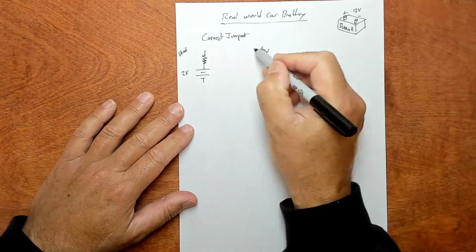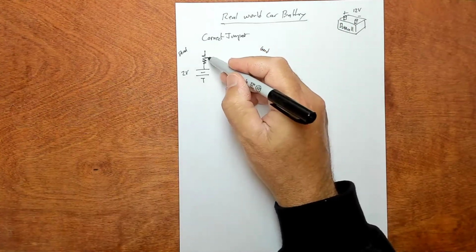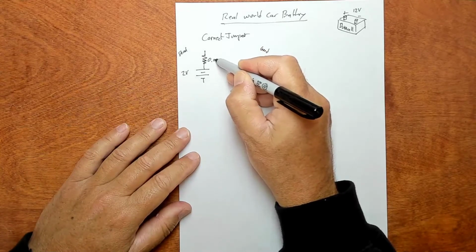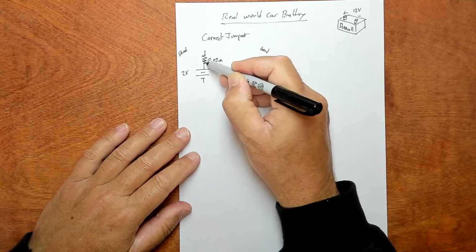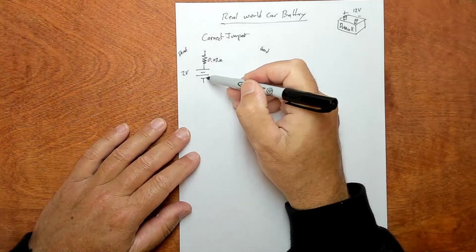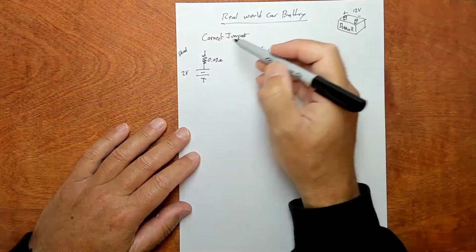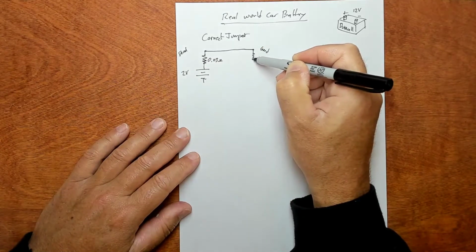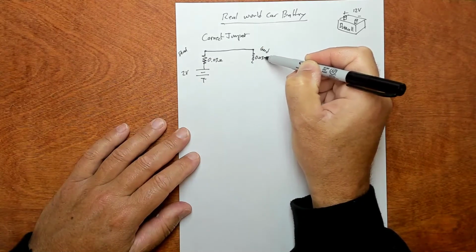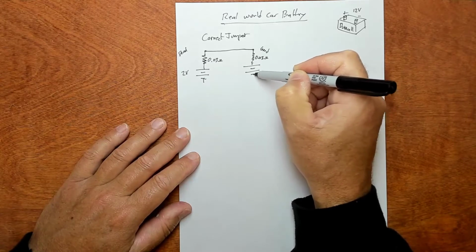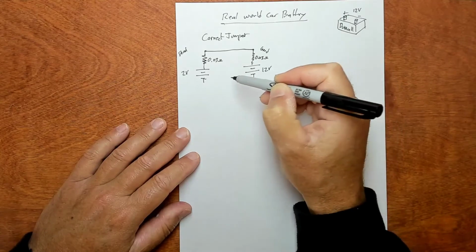Although there's an internal resistance in the jumper cables, that's true, but there's also an internal resistance in the battery. So we can model that, right? So this is the internal resistance of the battery, the resistance inside the battery, and the voltage in the battery. And then on the good battery, let's say it has the same internal resistance, 0.03 ohms, but let's say it's a good, healthy, charged up battery, and let's say it has 12 volts.